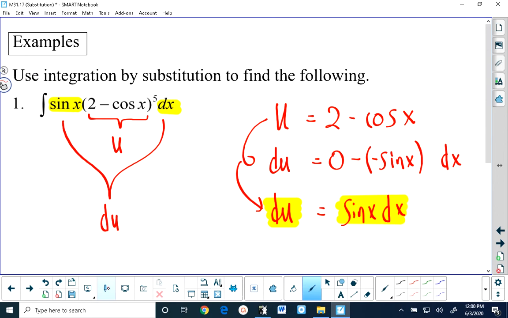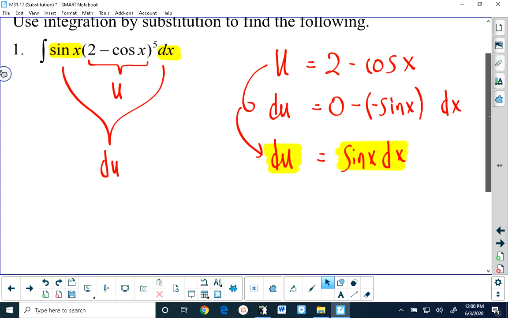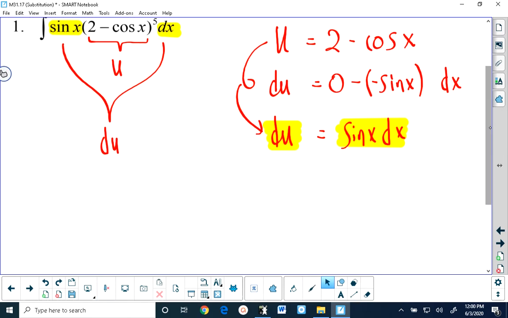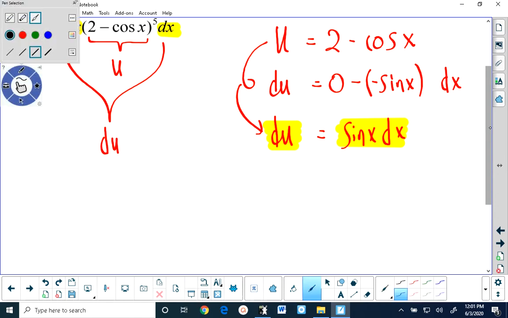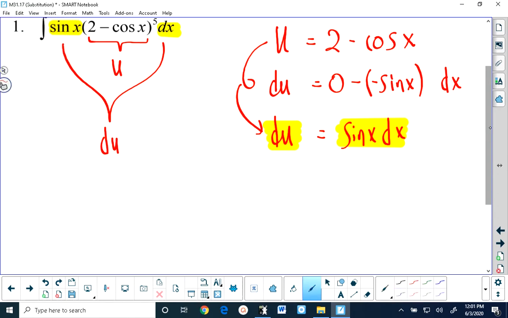We are going to substitute in du for sine x dx, and we are going to substitute in u for 2 minus cos x. And what that's going to give us is a very simple integral to figure out. We're going to have the integral.